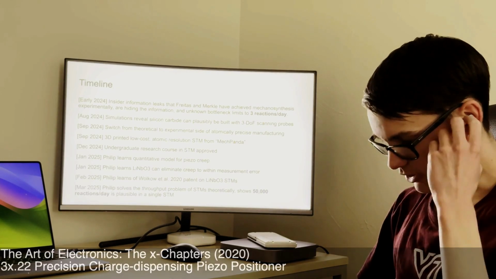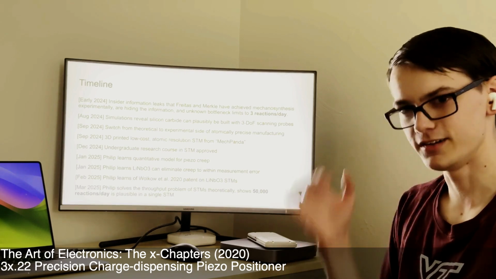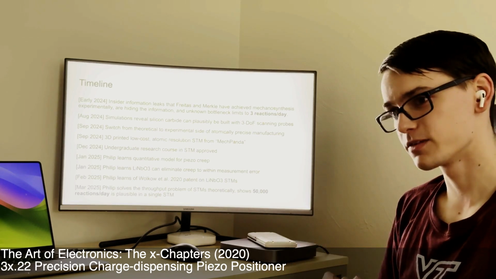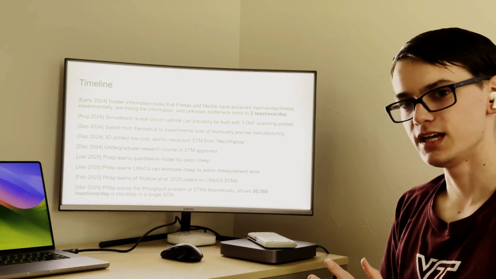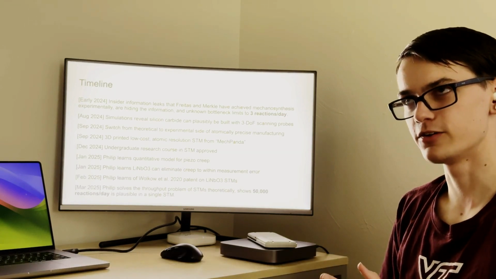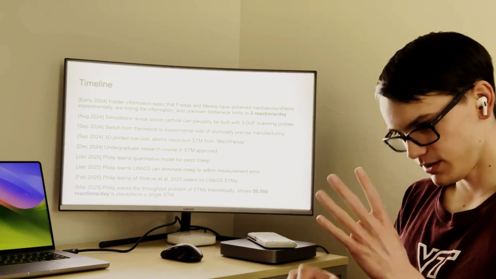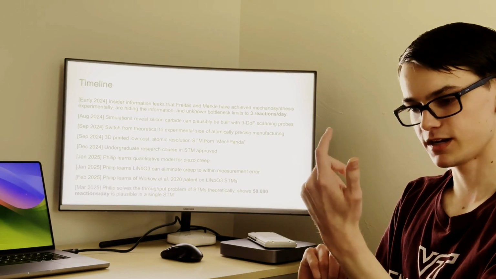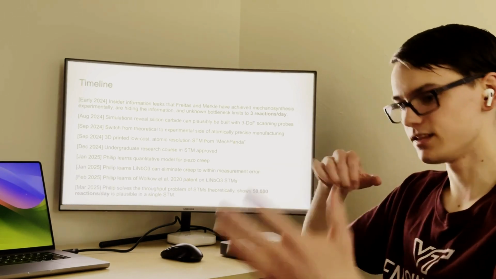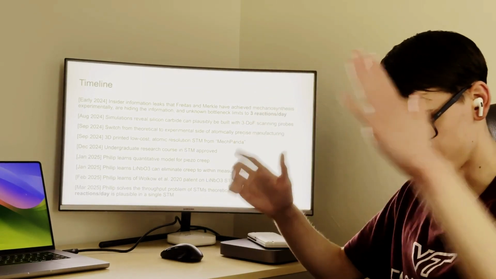I found in The Art of Electronics, the X chapters, that there was a whole chapter where Horowitz and Hill read all the papers that I read about charge drives, and they actually perfected the charge drive in The Art of Electronics in around 2020. They were using it to image a blood cell, and when a sensor tripped some kind of signal, it would take like 10 images in sequence, and they would have a piezo that moved the camera across like 10 microns.